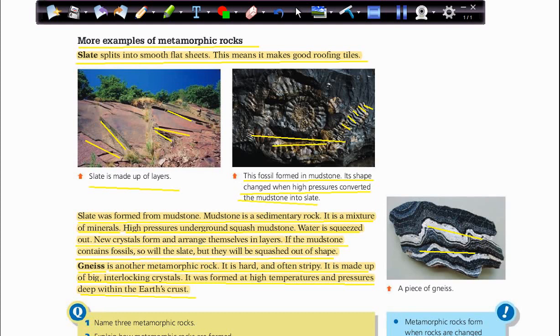When high pressure underground squashed the mudstone, it squeezed the water out, and crystals formed and arranged themselves in layers. But gneiss is hard and often stripy, made of big interlocking crystals formed at high temperature and pressure deep within the Earth's crust.